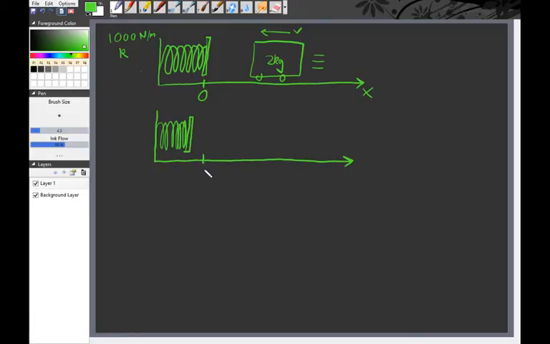All right, there's where it was. This cart has slammed into the spring, and it is now compressing that spring. And we actually know the amount of compression. It turns out to be 5 centimeters. So this cart reaches a maximum depth into the spring of 5 centimeters, and then it stops momentarily.